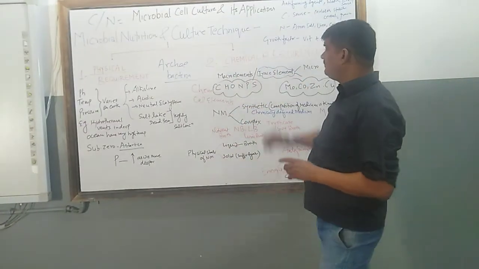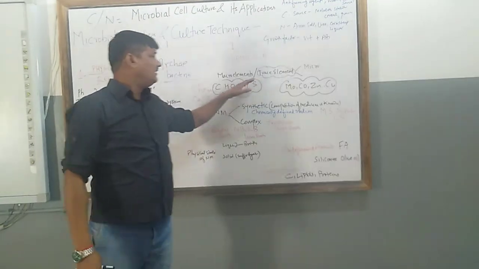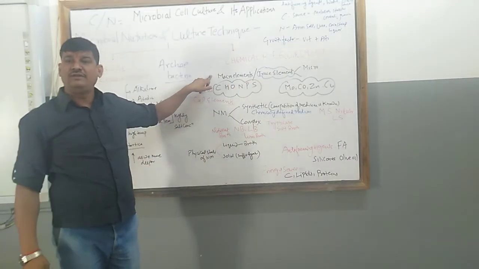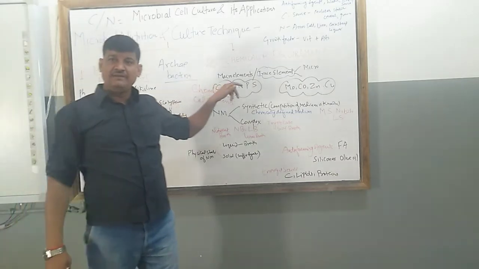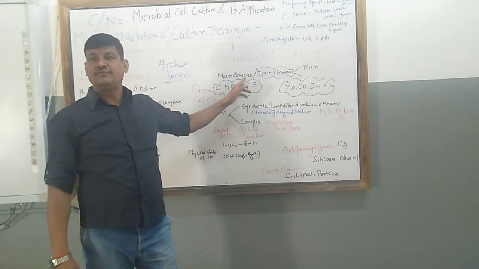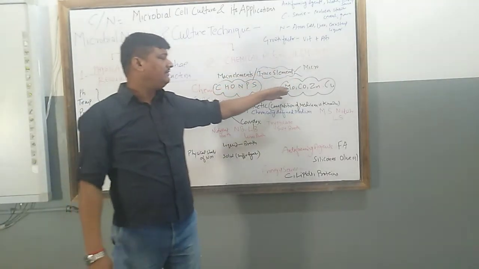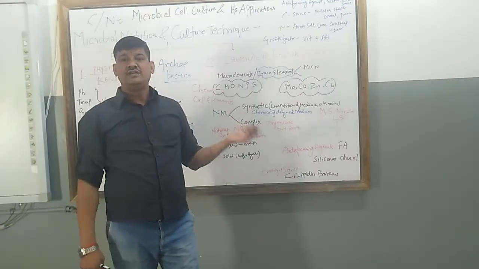Now come to the chemical requirement. In the chemical requirement, there are two things: first, microelements and macroelements. Macroelements are required in large quantity: carbon, hydrogen, oxygen, nitrogen, phosphorus and sulfur. The other group is molybdenum, copper, zinc, nickel.